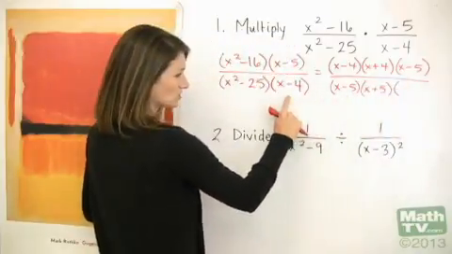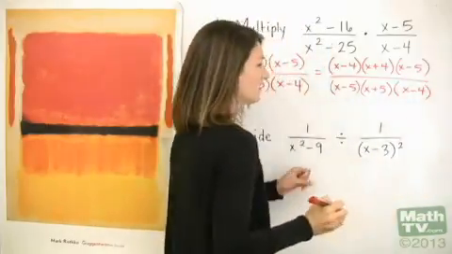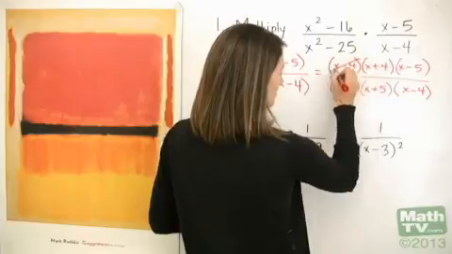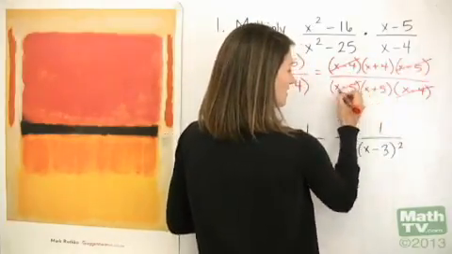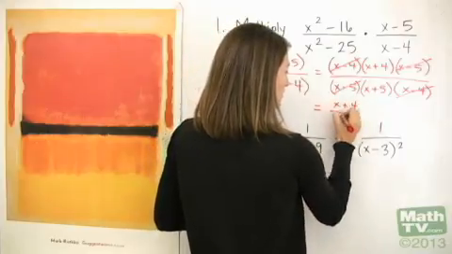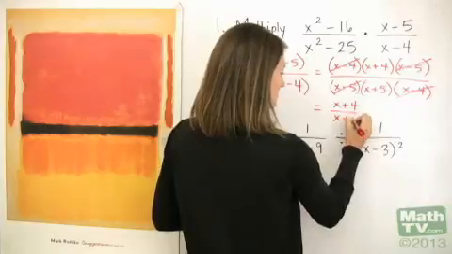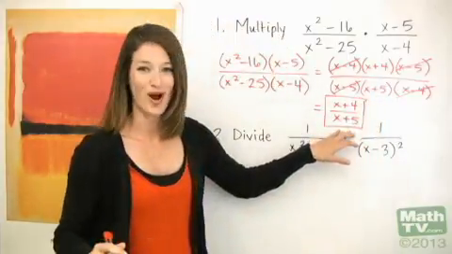And then the last part of our denominator is x minus 4. Then we cancel out what's common. x minus 4 cancels and x minus 5 cancels, which leaves us with x plus 4 over x plus 5. So here's our answer for our first problem.